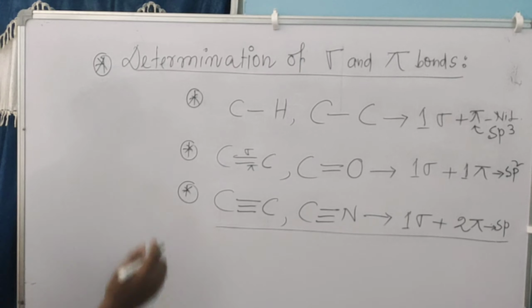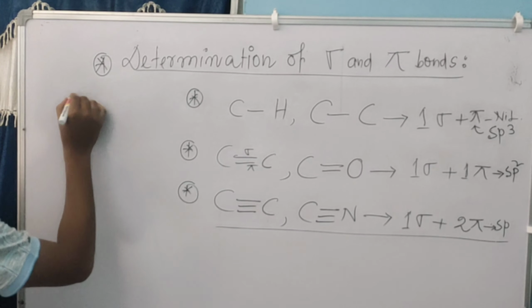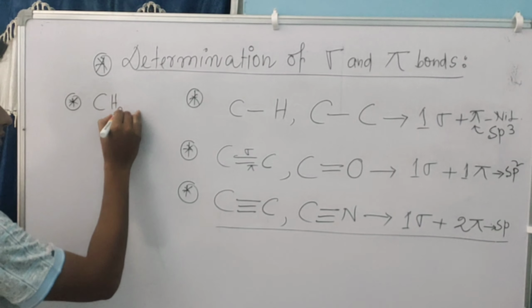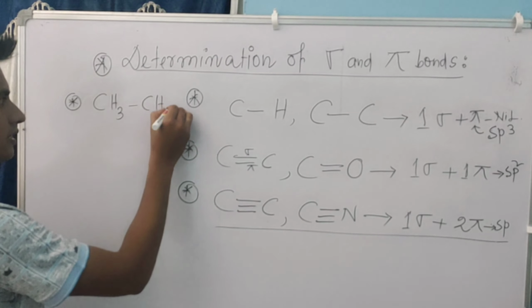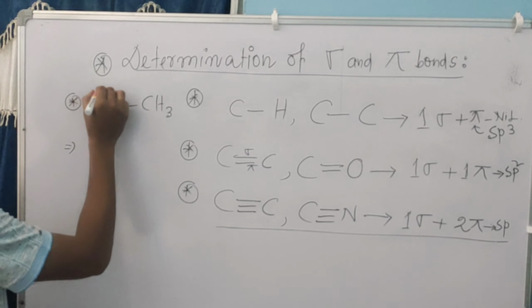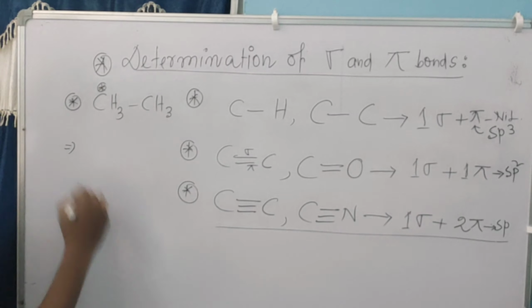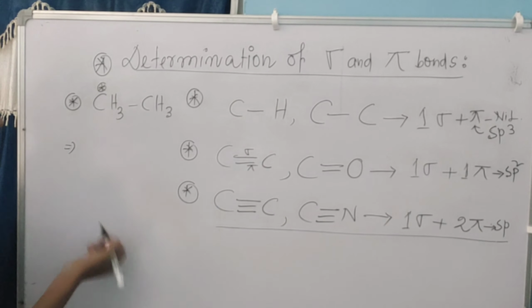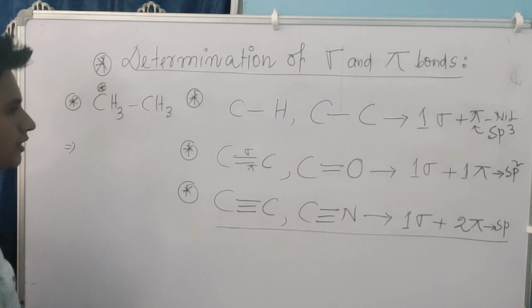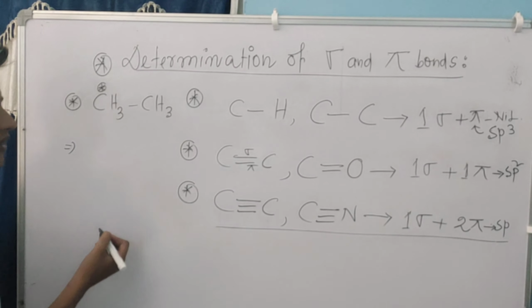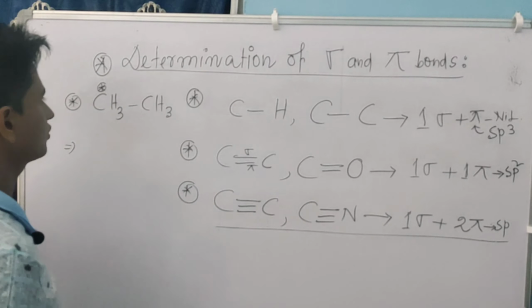Suppose we take a simple example. The last example was the CH3CH3 ethane molecule. What is the hybridization of this carbon? First identify the number of sigma and pi bonds in this molecule.